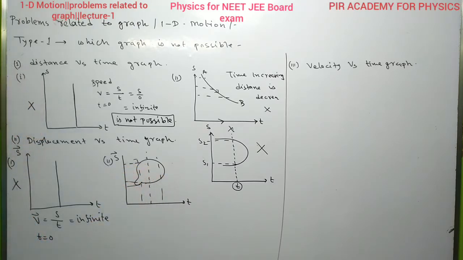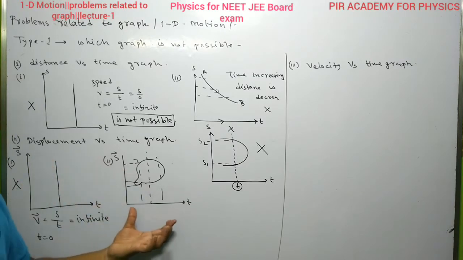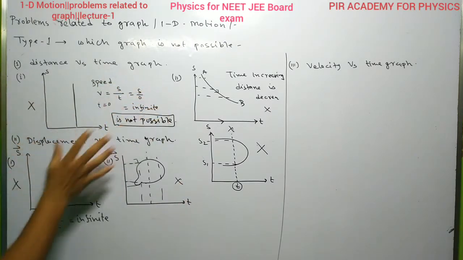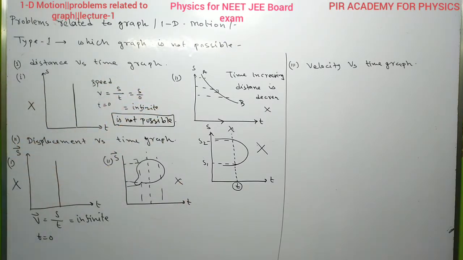At the same time a particle cannot possess two positions. So this graph is not possible. So these are the 3 cases here, and these are the 2 cases. And now the velocity-time graph.